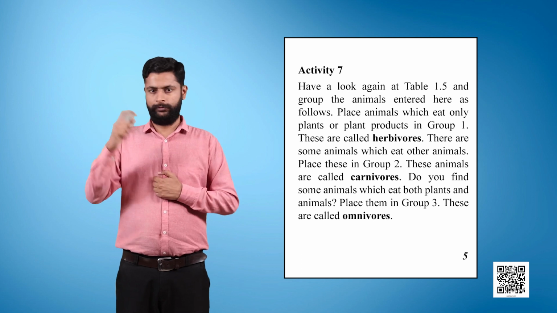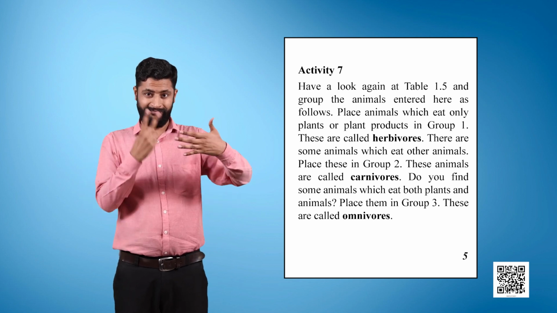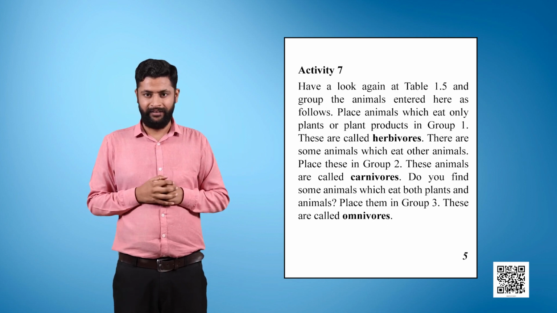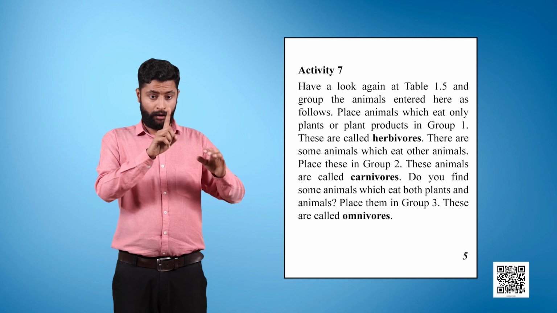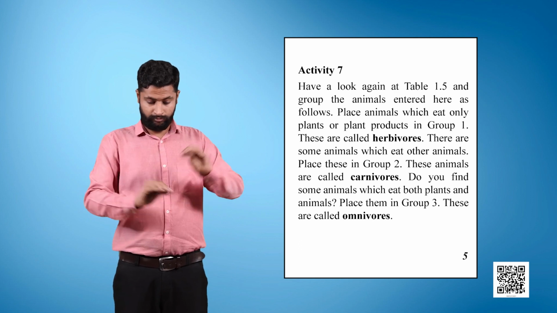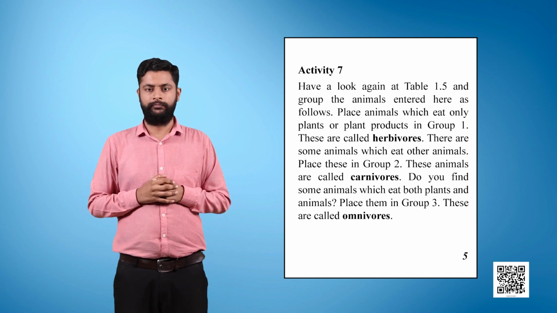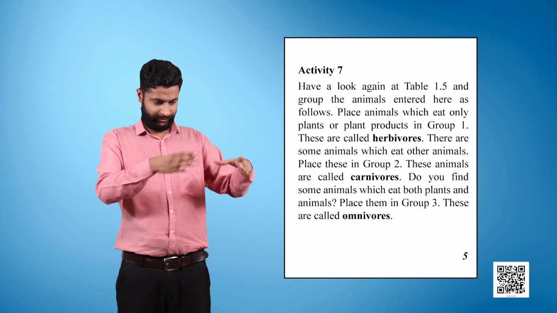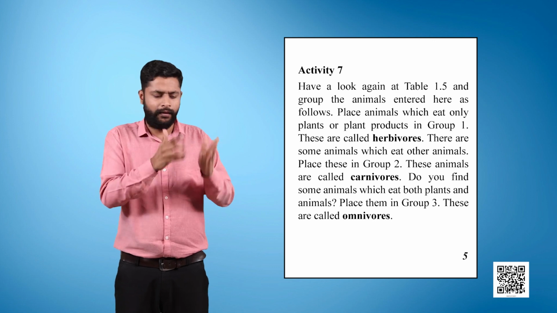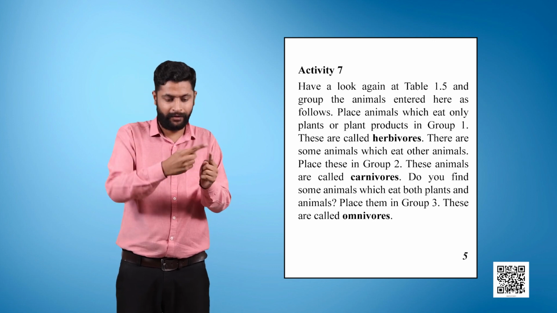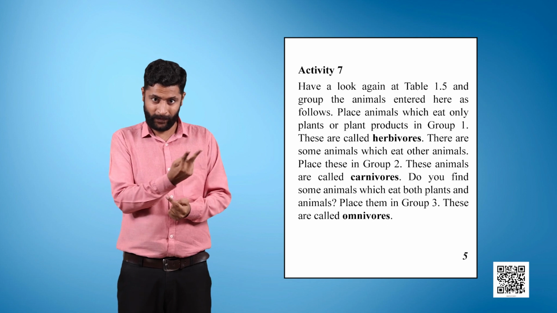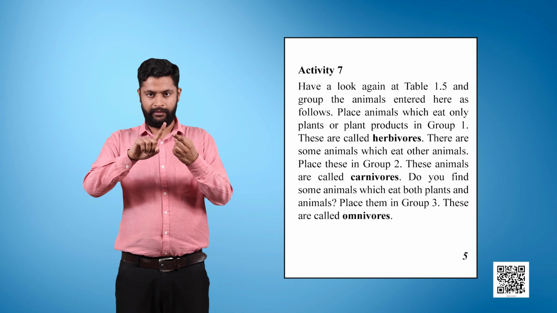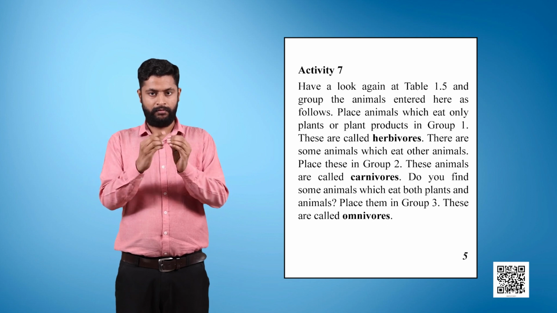Activity 7. Have a look again at Table 1.5 and group the animals entered here as follows. Place animals which eat only plants or plant products in group 1. These are called herbivores.